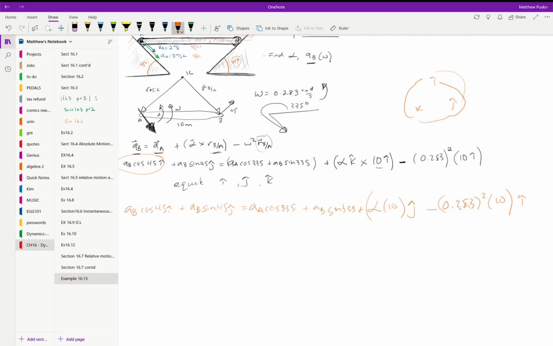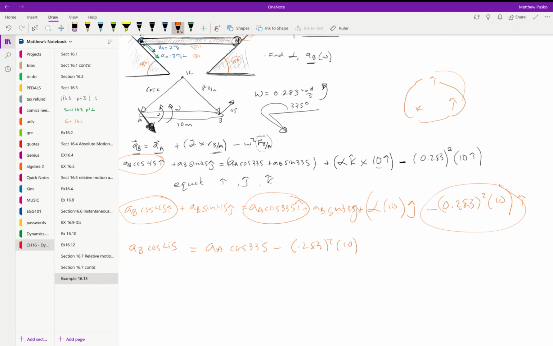So this has an I, this has a J, here's an I, and here's an I. So I get AB times the cosine of 45, we can drop the I now, is equal to AA cosine of 335 minus 0.283 squared times 10.